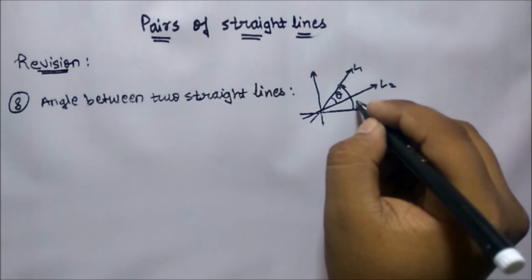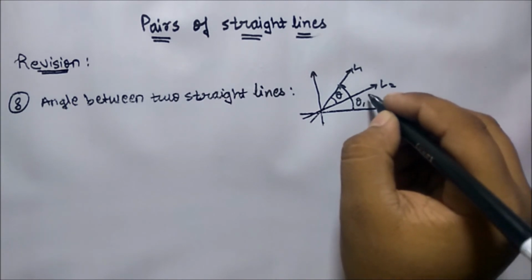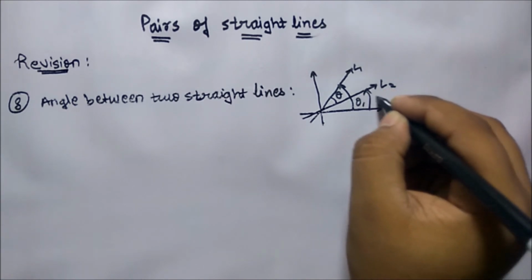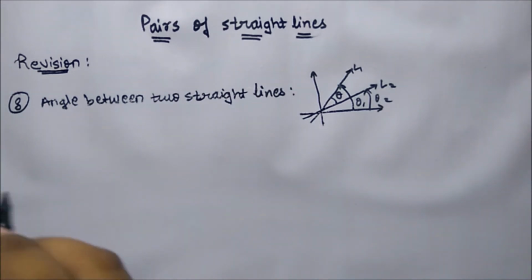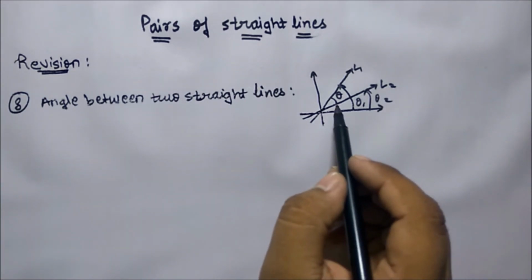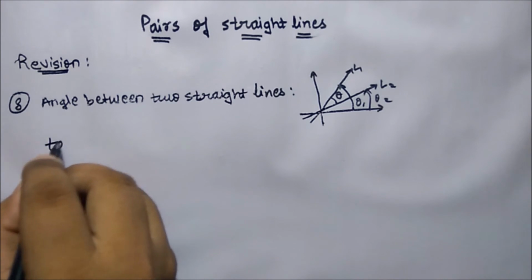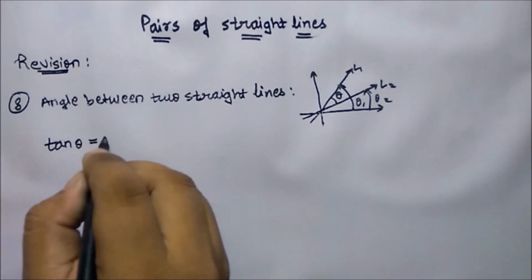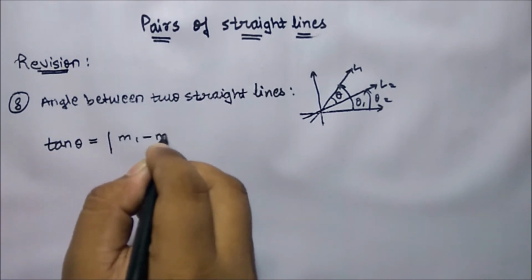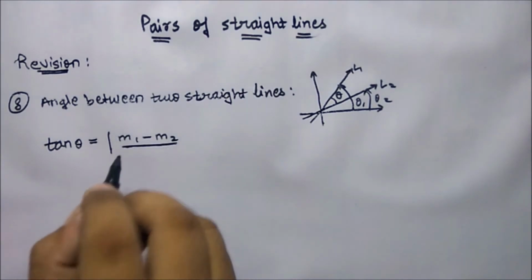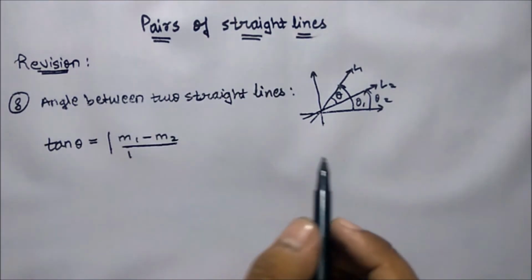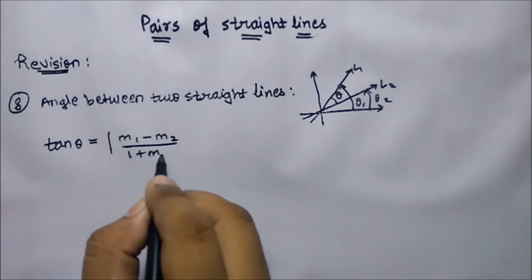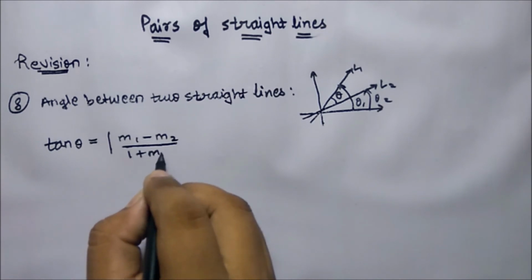Say line L1 makes angle theta 1 with the x-axis and line L2 makes angle theta 2 with the x-axis. Then to find the angle theta, we have this result where m1 and m2 are the slopes of lines L1 and L2 respectively.